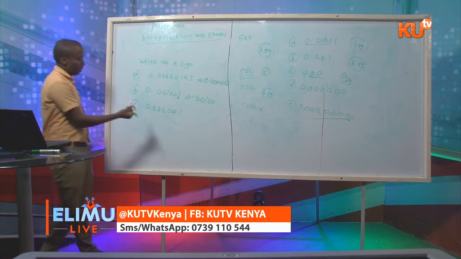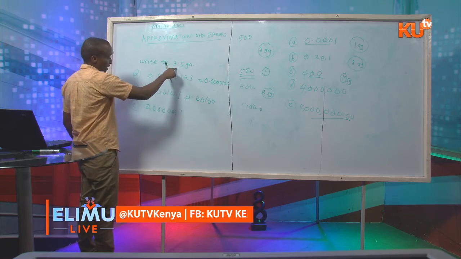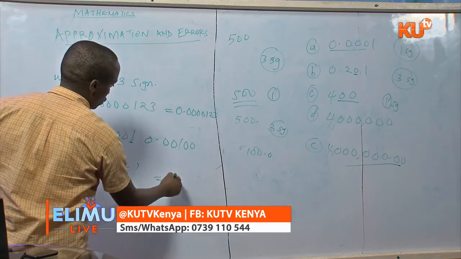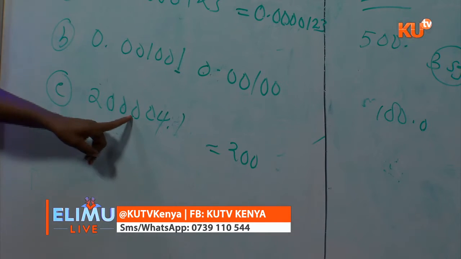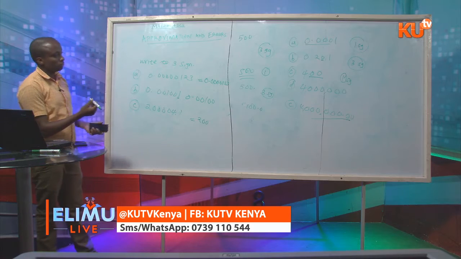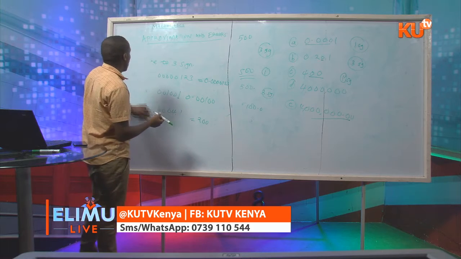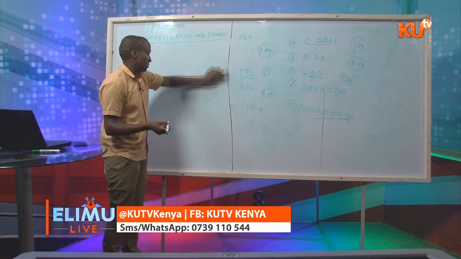So three significant figures, it will be 2, 0, 0, like that, because the fourth one is less than 5. So let me hope that concept is with you about the type of the 0 that we have, and when it is significant and when it is not significant.